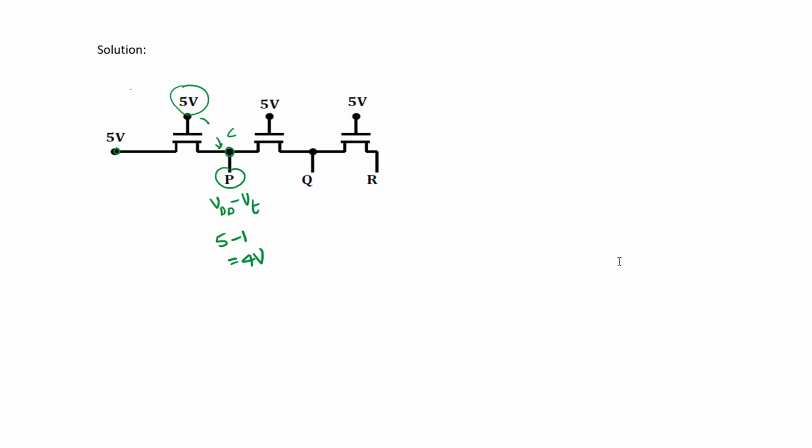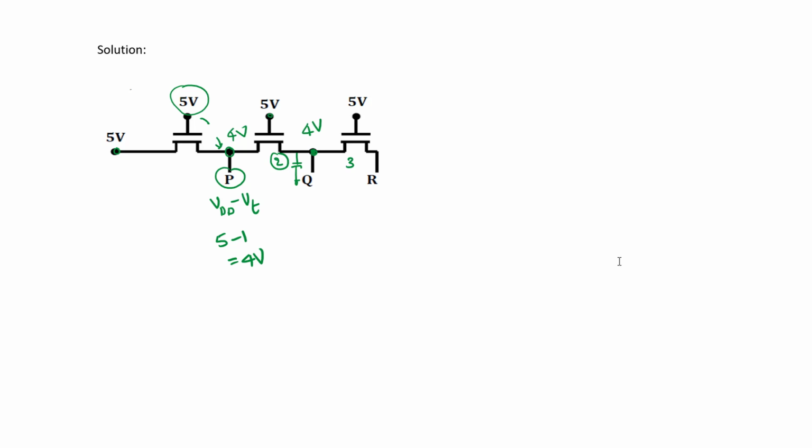Now this voltage is 4 volts. Again, transistor 2 is also on because 5 volts is applied at its gate terminal. So the capacitance here will charge to 4 volts.